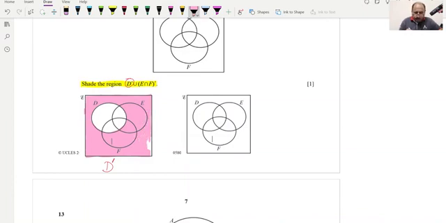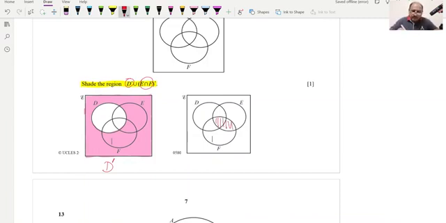And this will be D complement. Now after drawing this D complement, we will draw E intersection F complement. E intersection F is basically this region, but they are asking for the complement of this region.